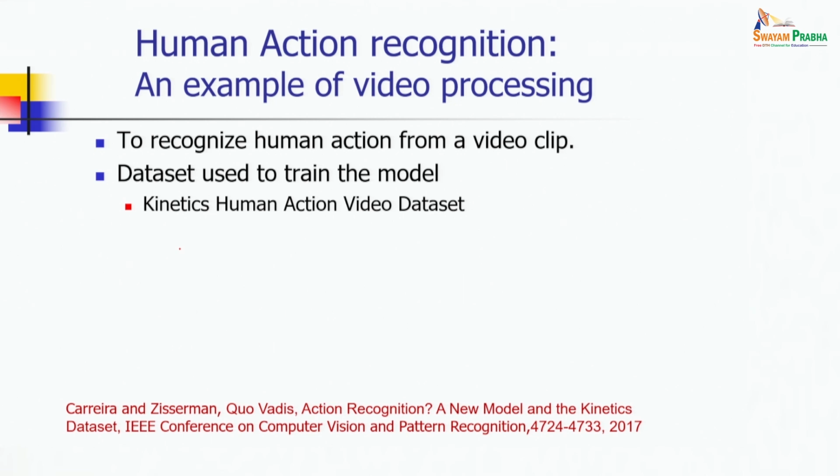So we are discussing human action recognition, and this is a paper by Carreira and Zisserman in 2017 CVPR. They have nicely summarized a few such models which can provide descriptors from a video, and they have shown their applications on a video data set which they have also prepared, called the Kinetics human action video data set.